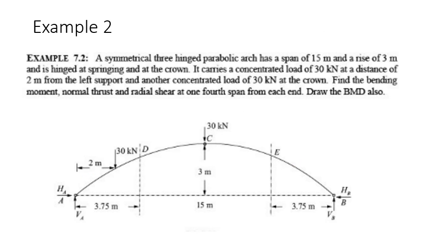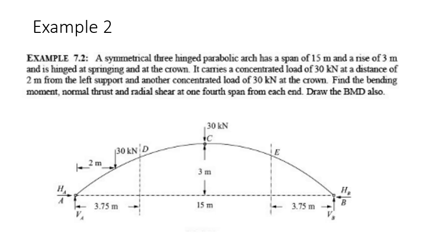So let's look into another problem. A symmetrical three-hinged parabolic arch has a span of 15 meter and a rise of 3 meter and is hinged at springings and the crown. It carries a concentrated load of 30 kilonewton at a distance of 2 meter from the left support and another concentrated load of 30 kilonewton at the crown.